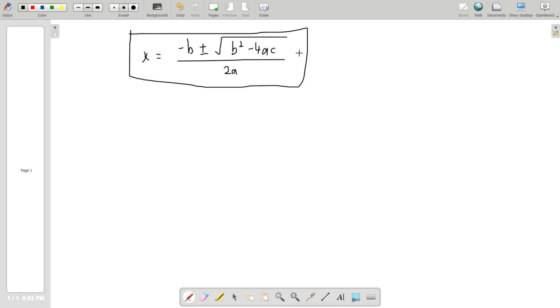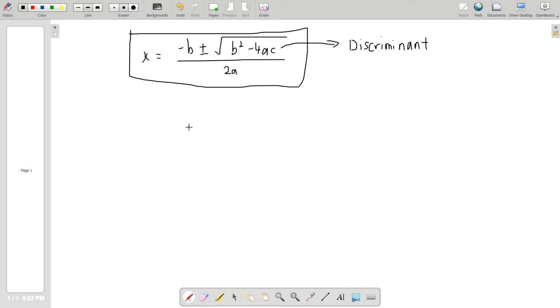But then I'm also going to show an extra application, which is what this thing is, called the discriminant. Now, the reason it's called the discriminant is because it discriminates, right? Not in a negative way. It discriminates, or basically distinguishes, between different types of roots.